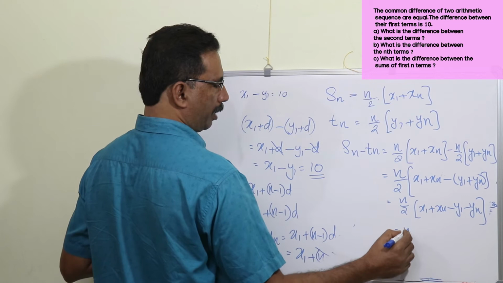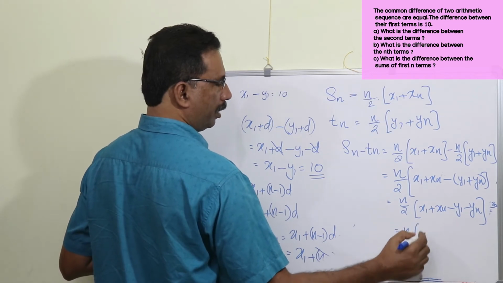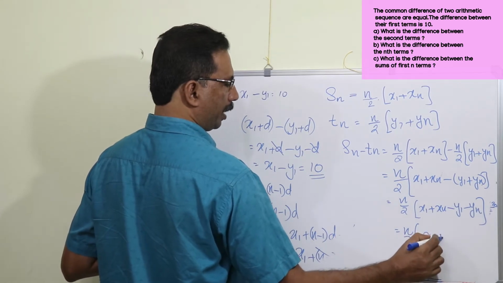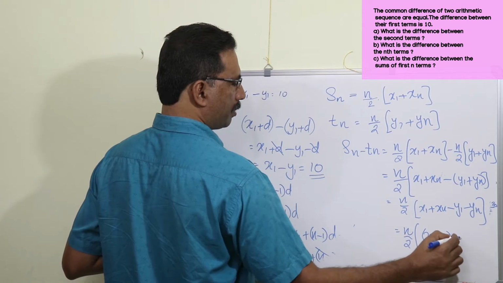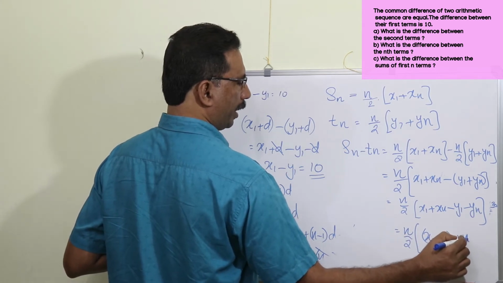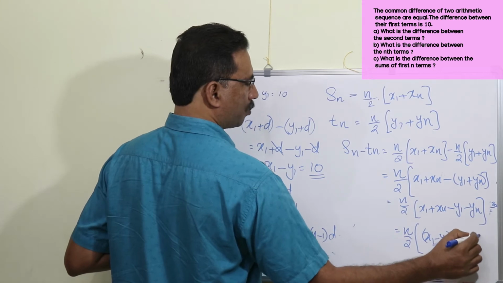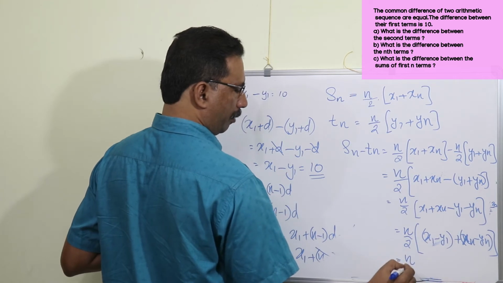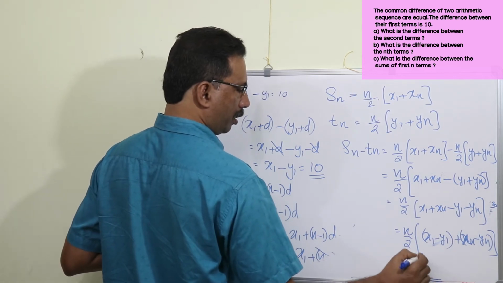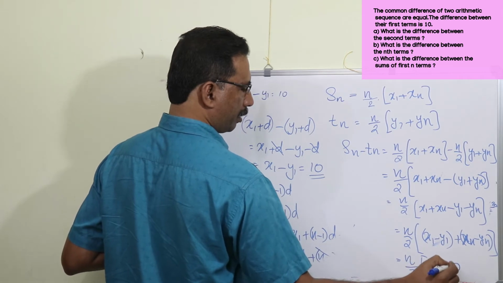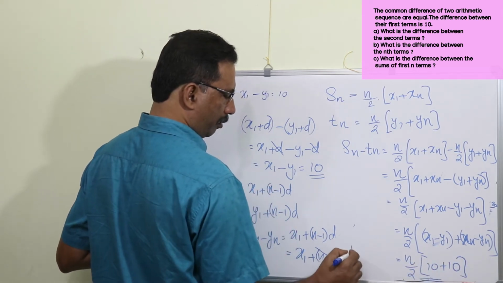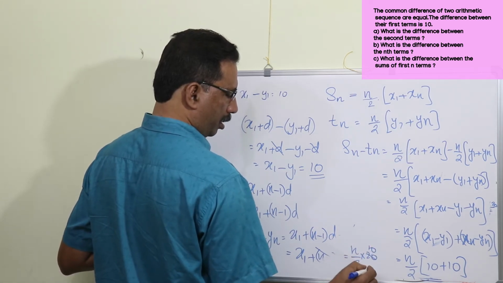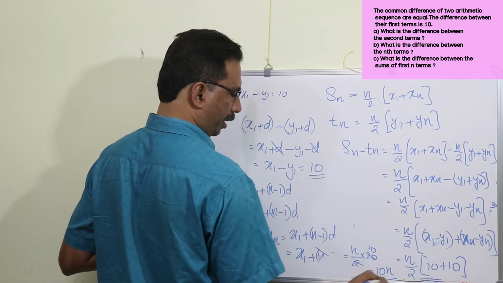Is equal to n by 2 into x1, we can write this as x1 minus y1 plus xn minus yn is equal to n by 2 into 10 plus 10, which is equal to n by 2 into 20, or is equal to 10n.